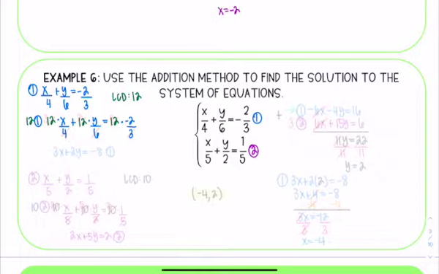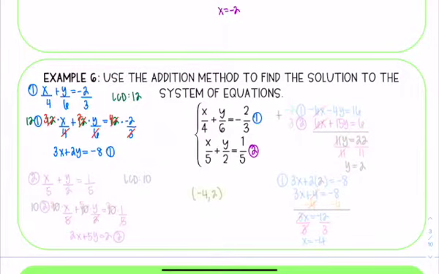And so when we end up doing this, 4 goes into 12 3 times, 6 goes into 12 2 times, and 3 goes into 12 4 times. So we end up with 3x plus 2y equals negative 8. So that's the new equation number 1.